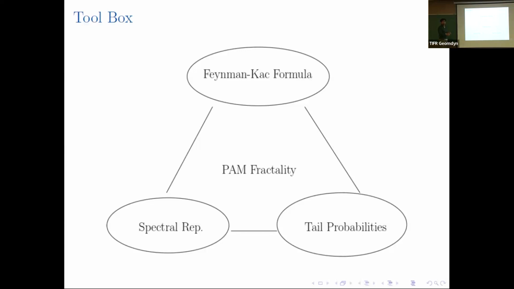The next thing is tail probabilities of the solution of the parabolic Anderson model, which also involves some challenges, but eventually we're able to get rid of those.